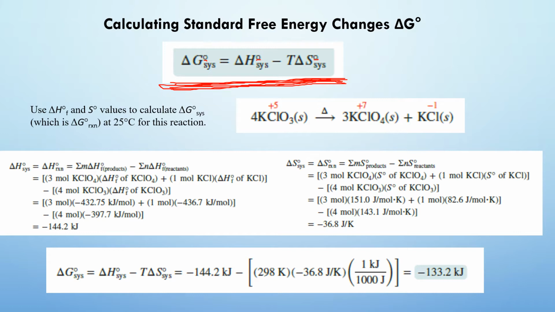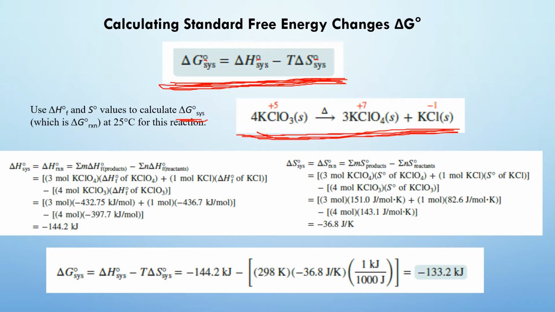So let's look at this example. We have this chemical reaction here, a decomposition reaction. We want to calculate the standard delta G of the system using the given delta H of formation and the standard molar entropy.